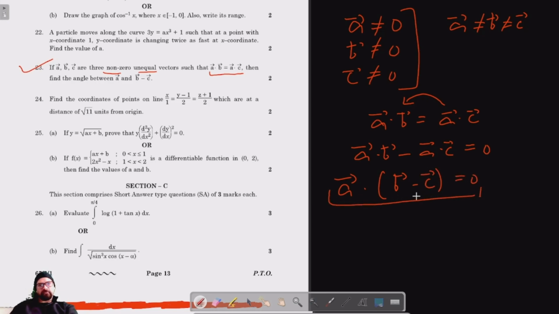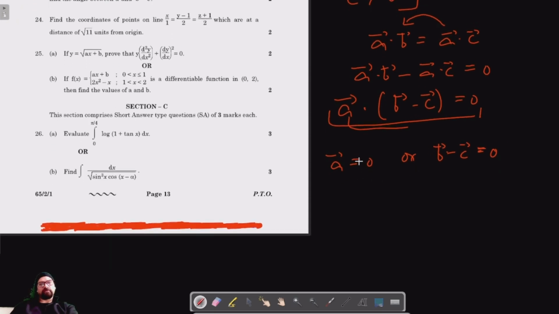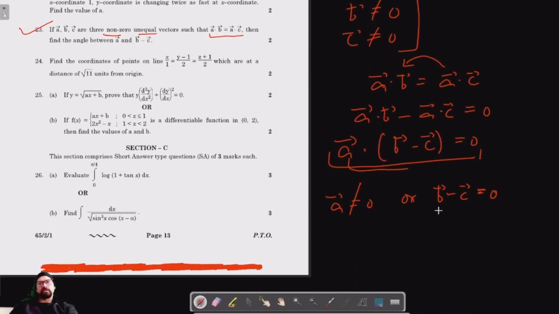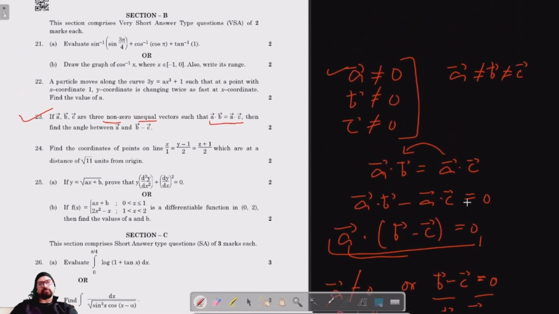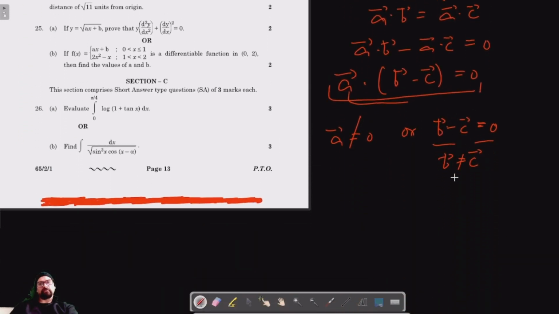Okay, so the dot product of two vectors is 0 when either A is 0 or B minus C is 0. Either of them being 0 can make the dot product 0, but A cannot be 0 because it's given. B minus C equal to 0 gives B is equal to C, but B is not equal to C, it's also given.